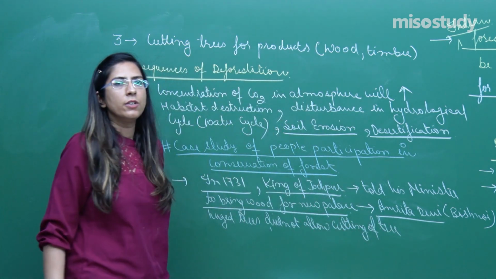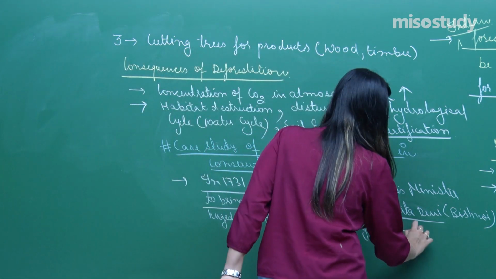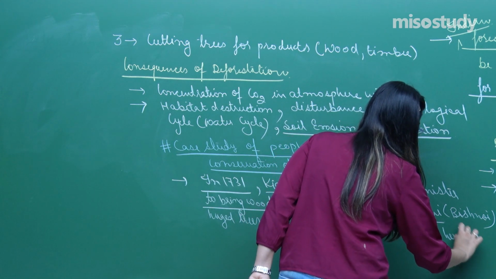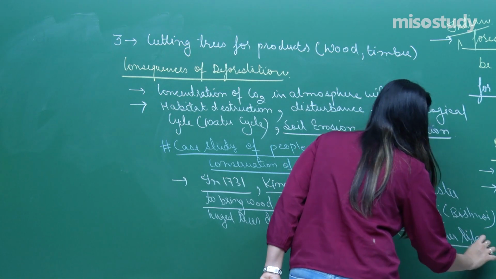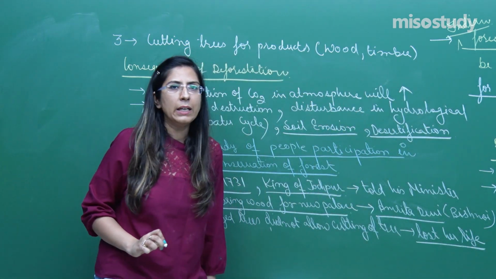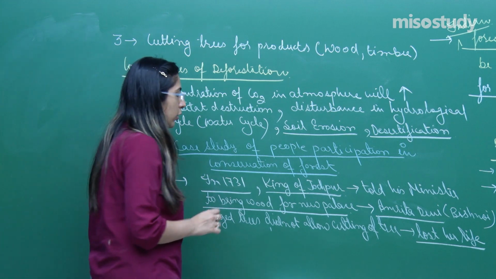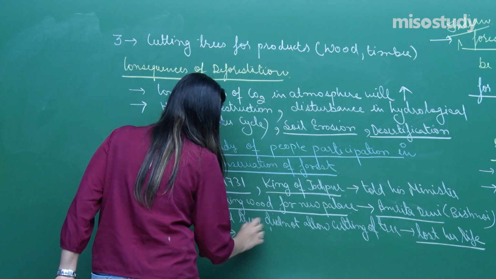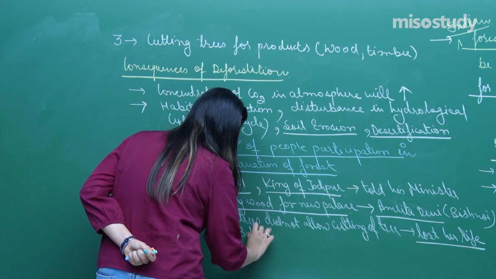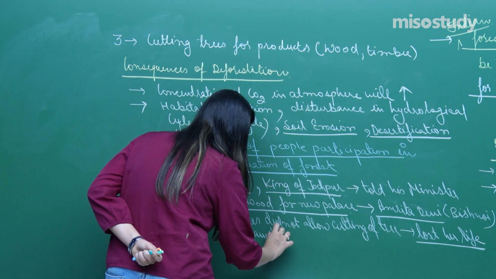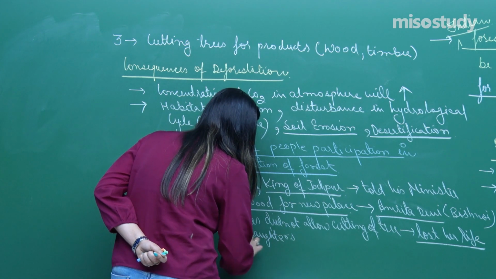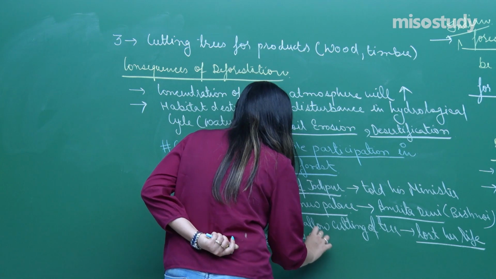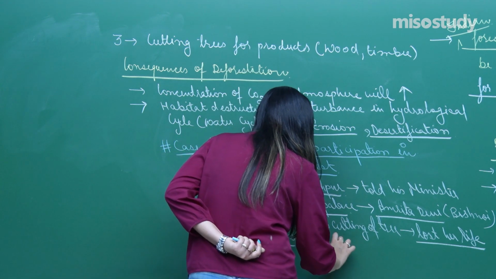In that respect, she lost her life, and not only her, in fact the 3 daughters along with 200 other Bishnoi people sacrificed their lives.